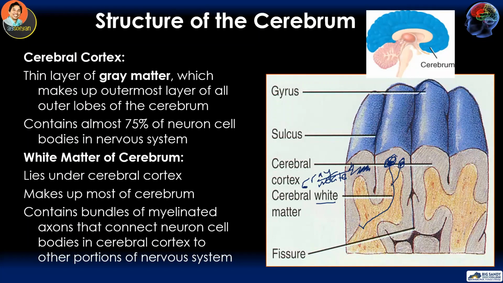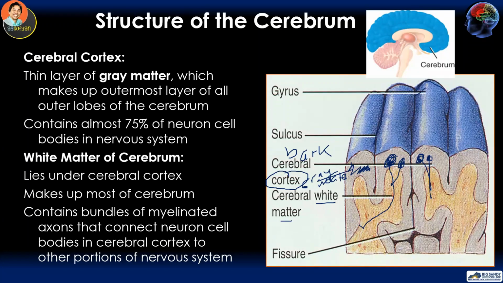Gray matter means there is a cell body, so this is the processing center, because the cell body of the neuron is the one that processes everything. The gray matter of the brain is called the cerebral cortex. Cortex means bark of the brain. This bark is the place for processing, because the cell bodies of neurons are located in the cerebral cortex.